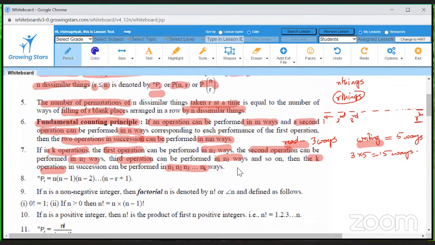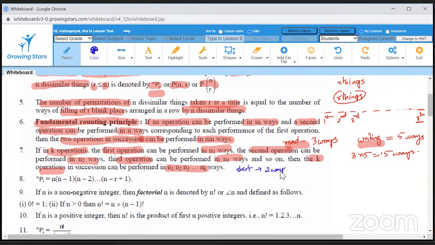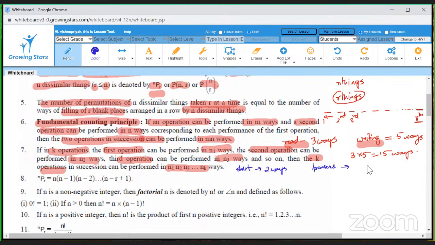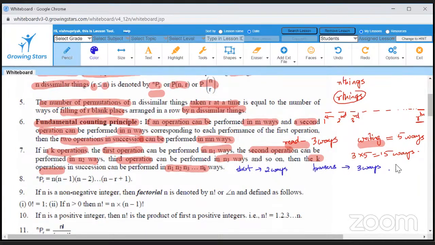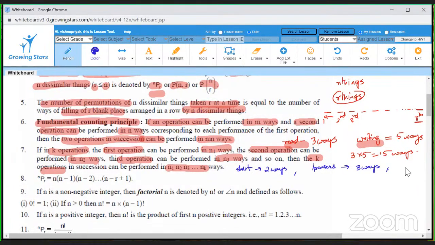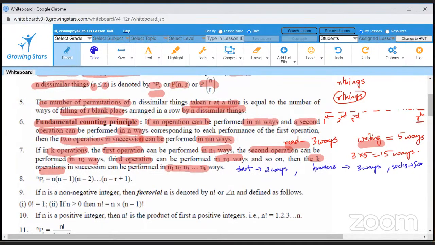For example, you can wear a shirt in 2 ways. You can wear trousers in 3 ways. Like you can select the trouser. How many trousers are there? That you can wear in 3 ways. After that, socks. You can take the socks and wear in 5 ways.